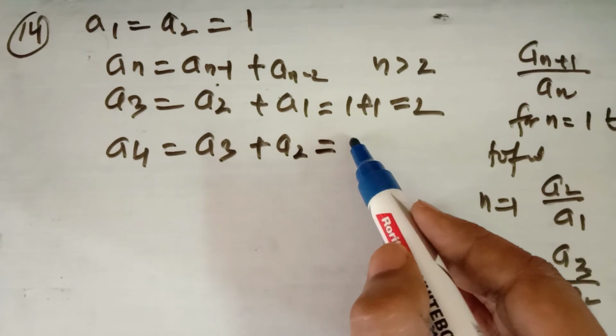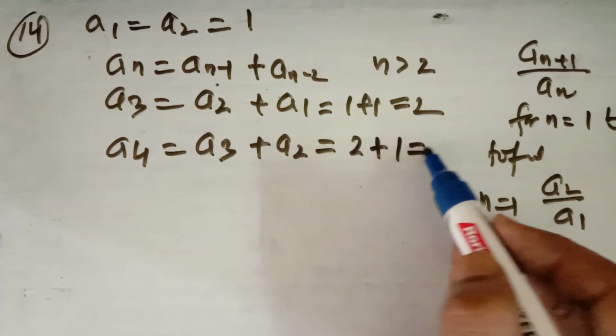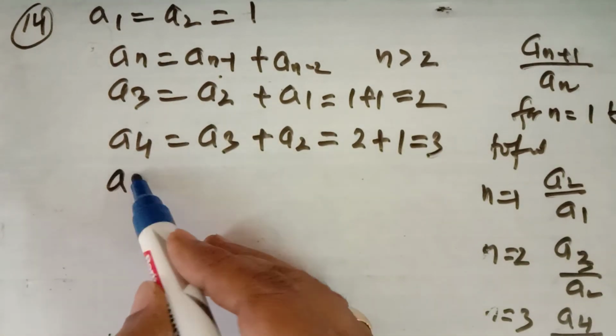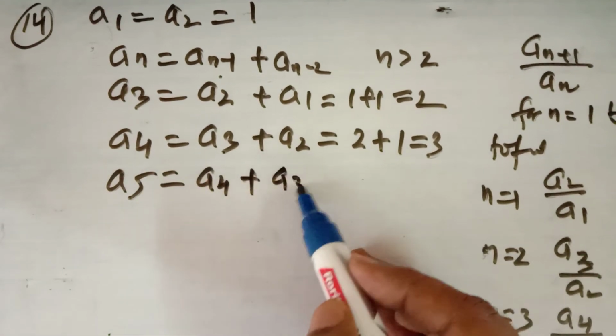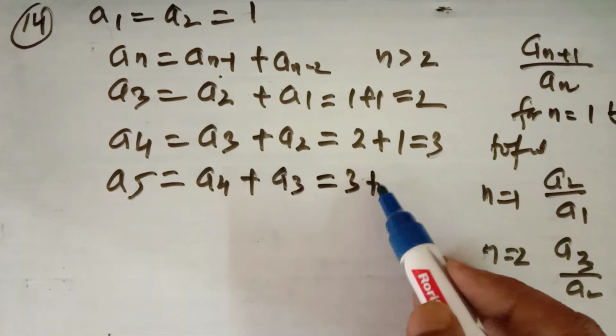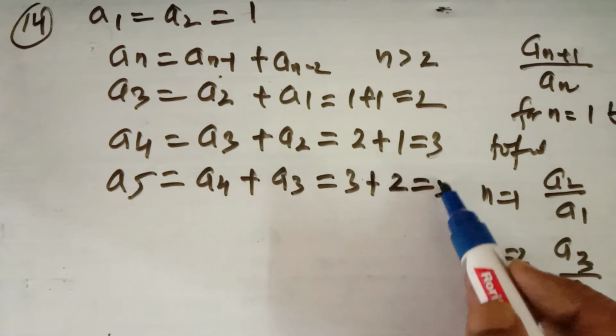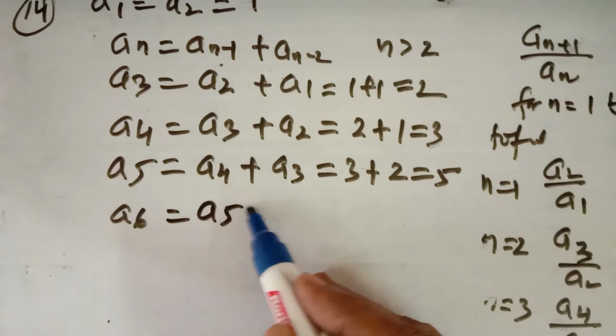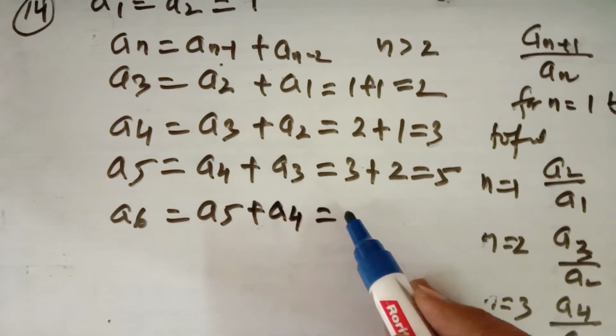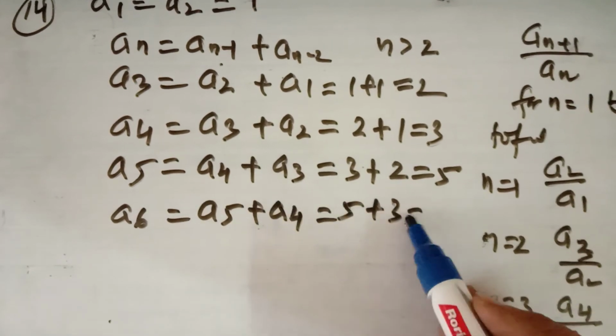Now a3 is 2 and a2 is 1. So it is equal to 3. Now a5, we need up to a6. So a4 plus a3, and a4 is 3 and a3 is 2. So it is equal to 5 and a6 is equal to a5 plus a4. So 5 plus 3 that is 8.